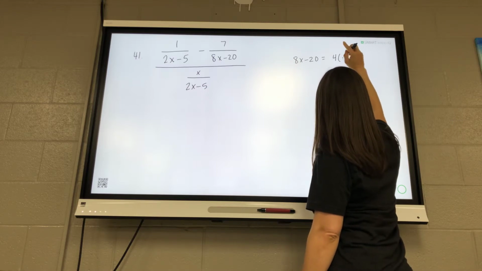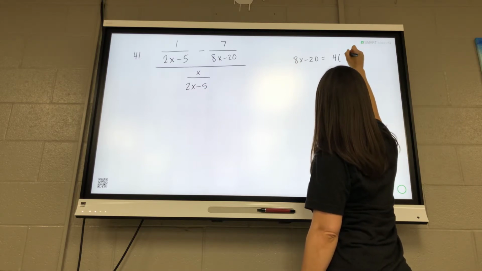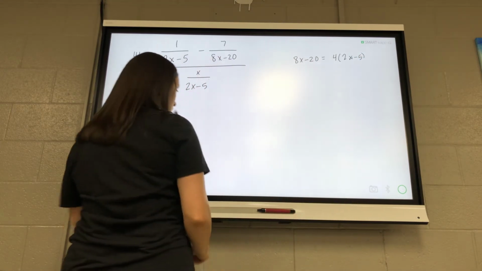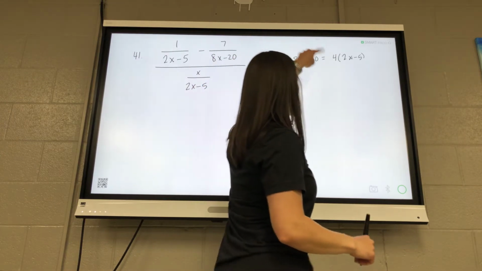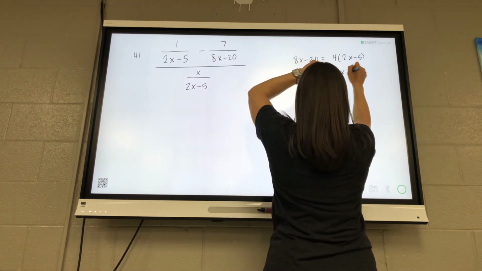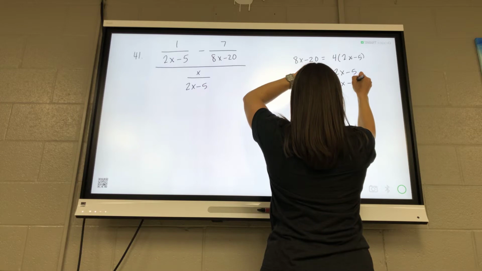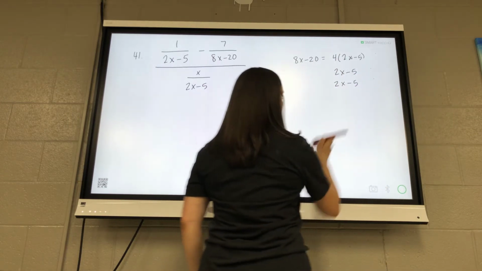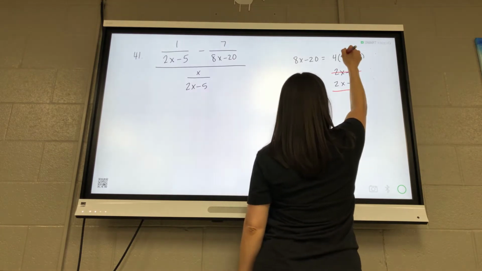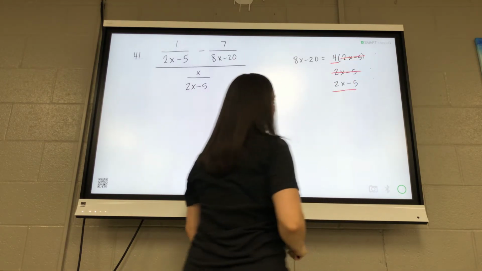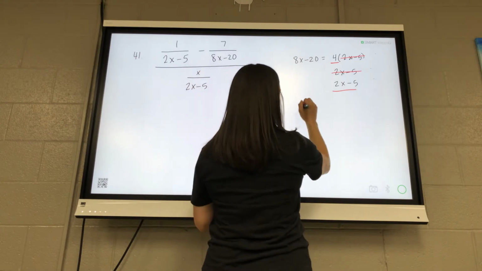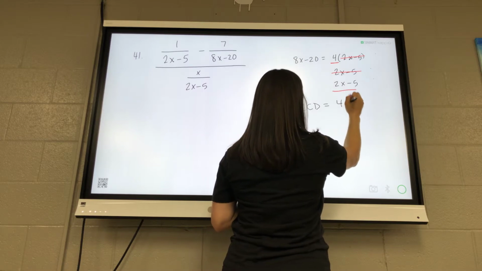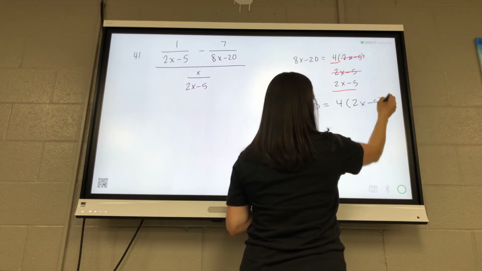Yep, it is. 2x minus 5. So 2x minus 5, 2x minus 5, and then 4 times 2x minus 5. These are our 3 denominators, right? We need to include this once, we don't have to include it again, and we need to include this once. So our least common denominator, we're going to leave it as 4 times 2x minus 5.